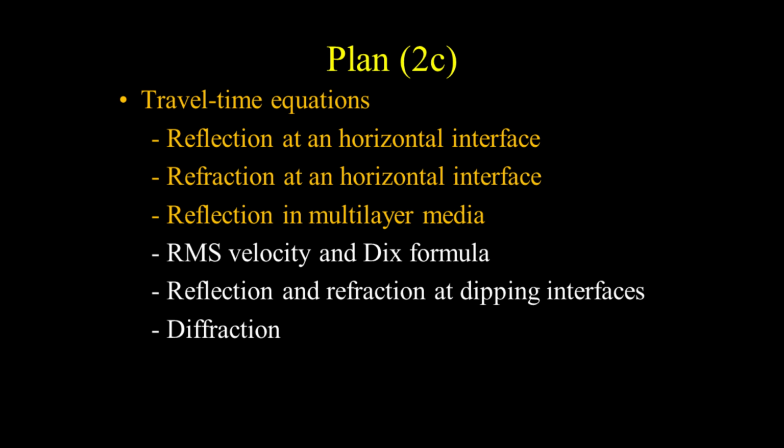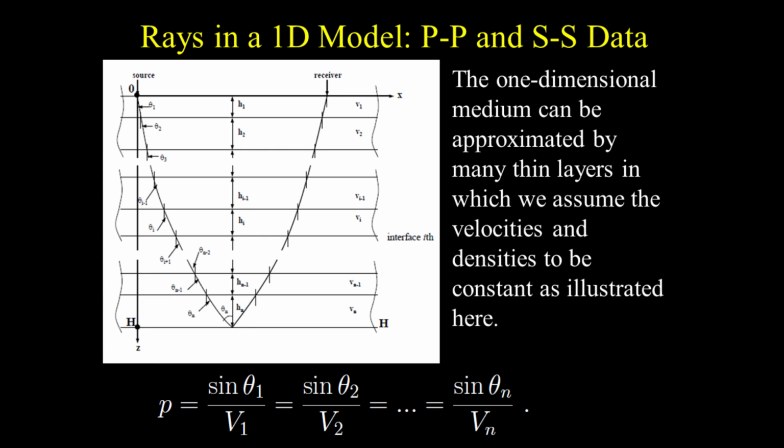So far, we have focused on a single interface, that is, a two-half-space problem. We now will expand our discussion to include a multi-layer problem for reflected waves. The one-dimensional medium can be approximated by many thin layers in which we assume the velocities and densities to be constant, as illustrated here.